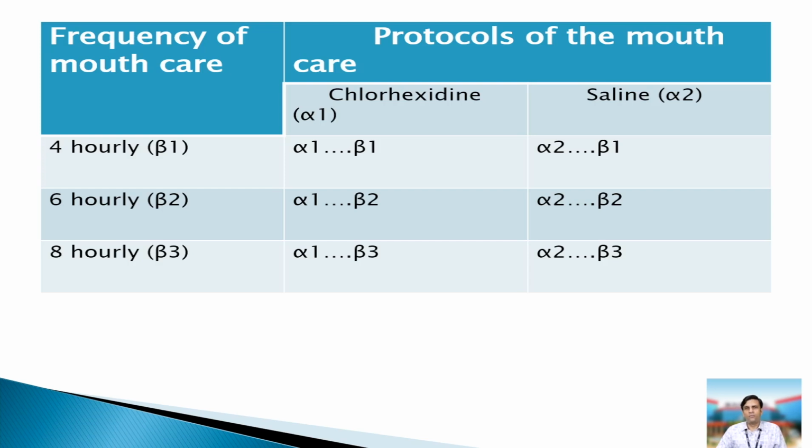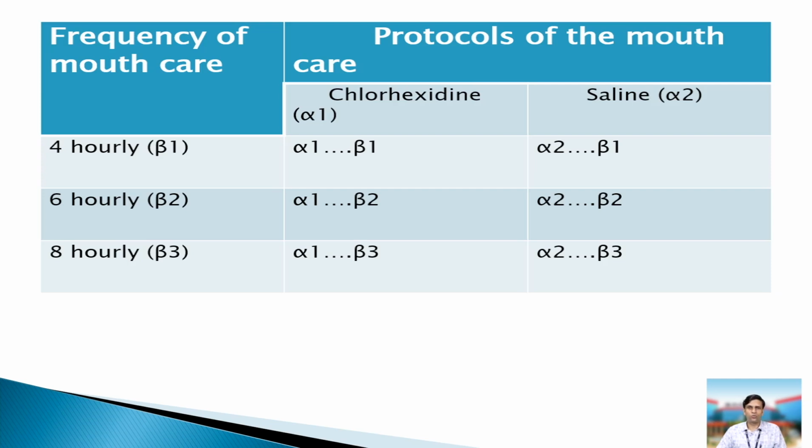Now, how it is done: 4 hourly frequency is used for chlorhexidine mouthwash first of all, so it is alpha 1, beta 1, and the same 4 hourly frequency is used for saline mouthwash also, and that is known as alpha 2, beta 1. Similarly, 6 hourly frequency is used for both the mouthwashes. First chlorhexidine mouthwash, and second saline mouthwash.